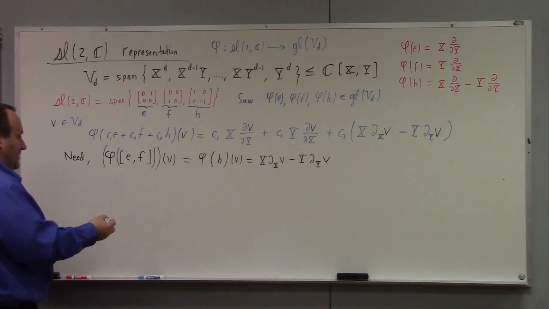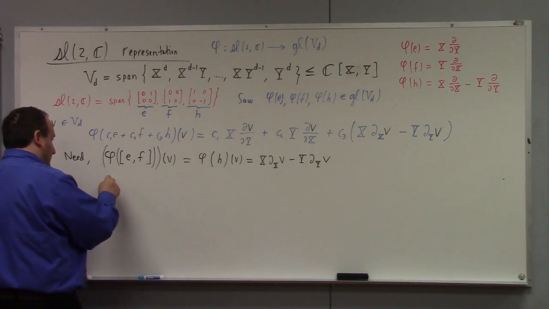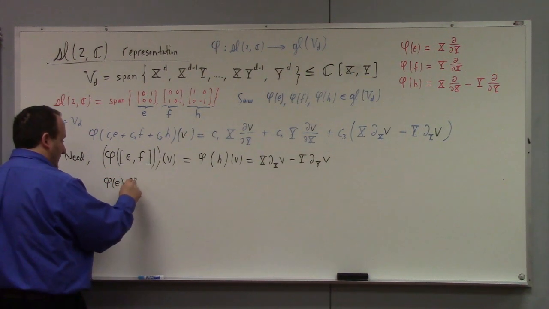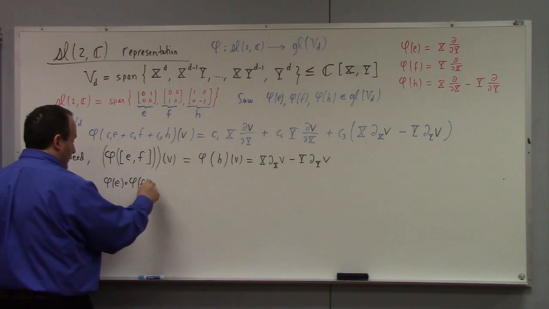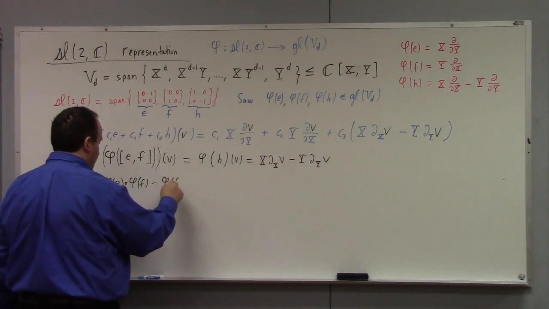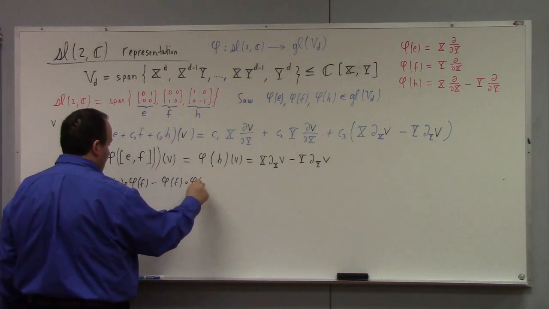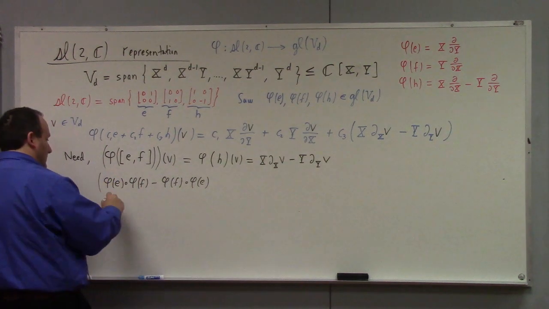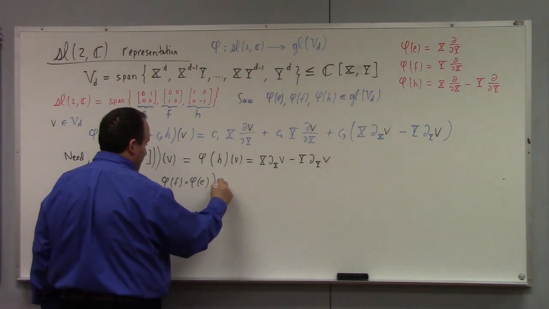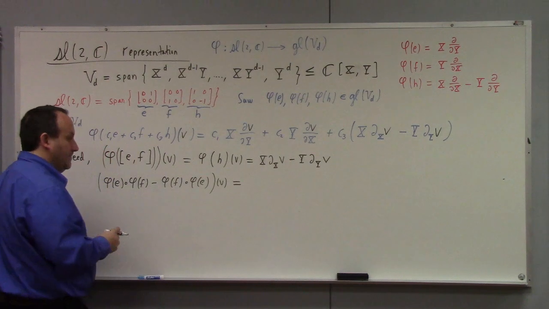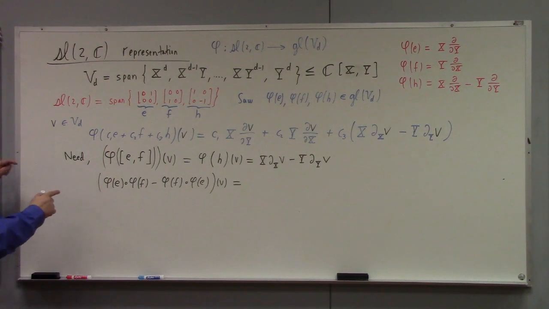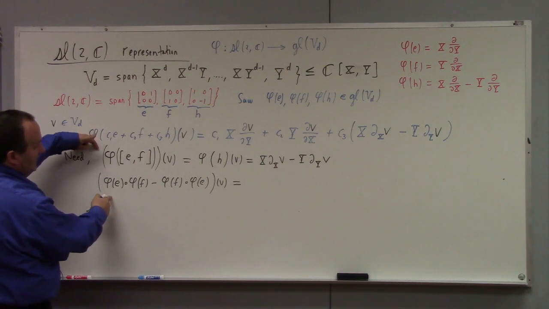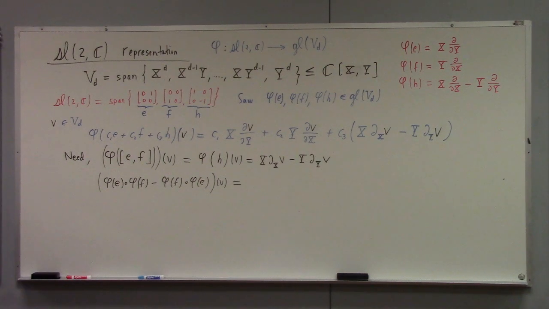But on the other side, we'd like to check phi of e composed with phi of f minus phi of f composed with phi of e, right? That acting on v, because I'd like for these two to be equal. These two being equal is a third of what I need.